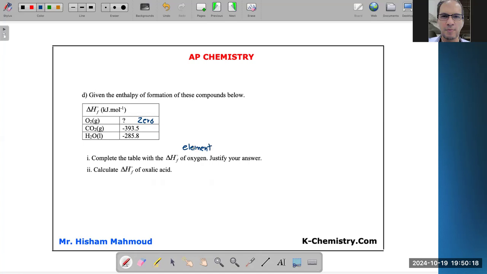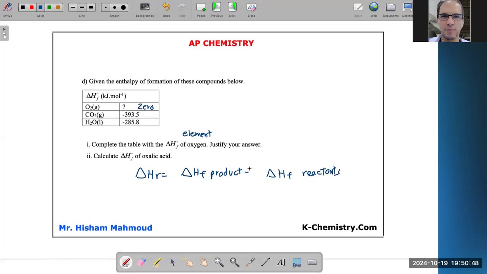Okay, what is the delta H of the oxalic acid? How can we find it, Mariam? You do delta H products minus reactants. Excellent. So delta HR, which we just found, is equal to delta HF of products minus delta HF of reactants.